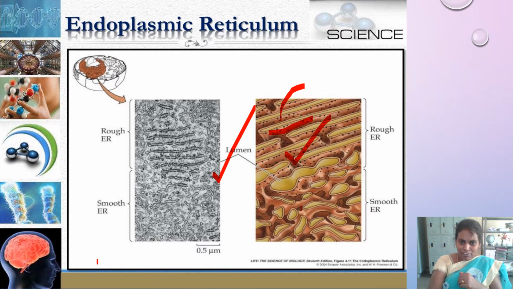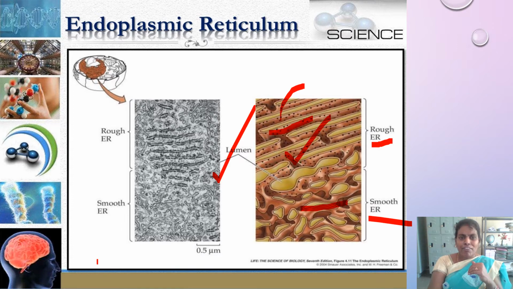On this side, all the walls are smooth because they are devoid of ribosomes on the surface. That's why these are called smooth endoplasmic reticulum, and these type of structures are called rough endoplasmic reticulum.